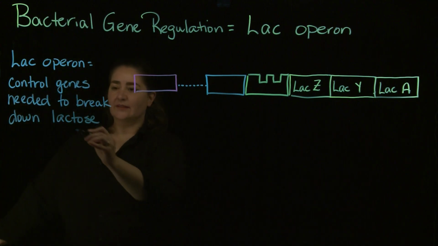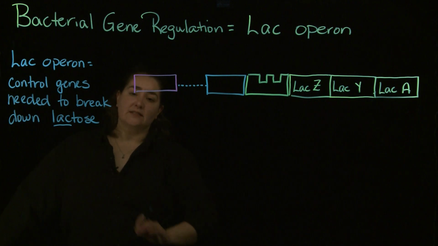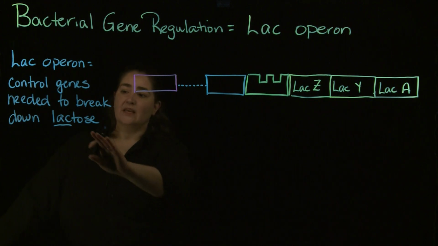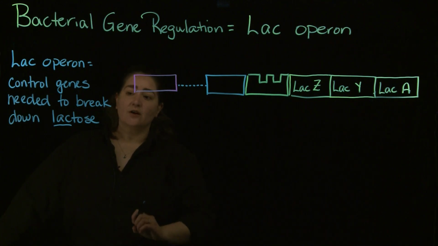So you see here where it got the name, Lac Operon. What the genes associated with the Lac Operon do, it's the enzymes that are needed to break down the disaccharide lactose. So if lactose is present in the environment, then the bacteria wants to be able to use that sugar, wants to be able to break things down, needs to make the genes that are necessary for breaking down lactose.